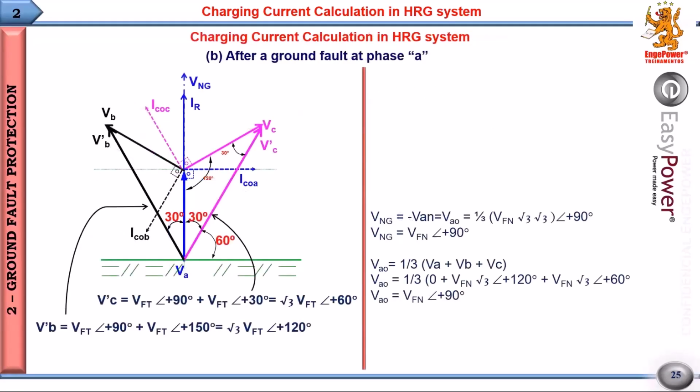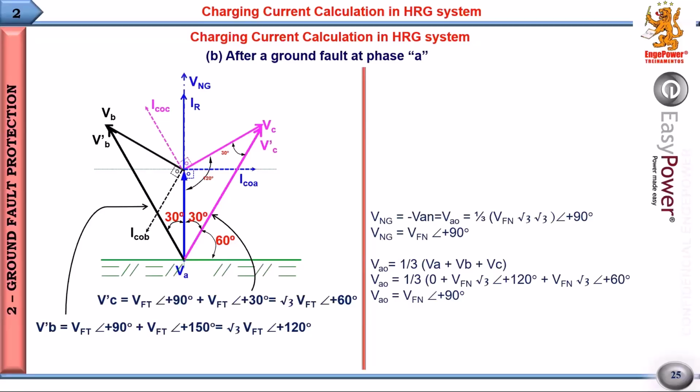So the ground potential is 0, but the neutral is greater than 0. So this phasor between the neutral and ground right now is 180 degrees from VA.